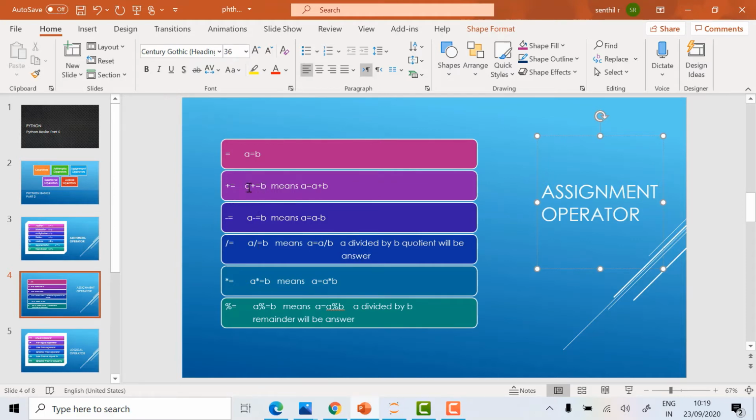A plus equal to B means A equal to A plus B. A minus equal to B means A equal to A minus B. A slash equal to B means A equal to A divided by B. A star equal to B means A equal to A star B. Same way, A percentage equal to B means A equal to A modulus B, so you get the remainder. So this is called the assignment operator. We'll check it in Jupyter.